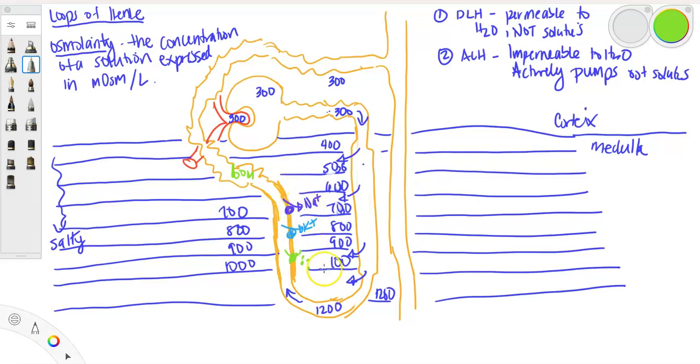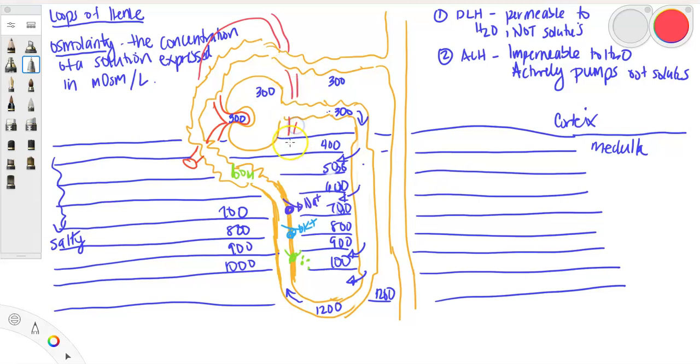A lot of this water and these solutes are being scooped up by the peritubular capillaries. The peritubular capillaries are coming around here, right?